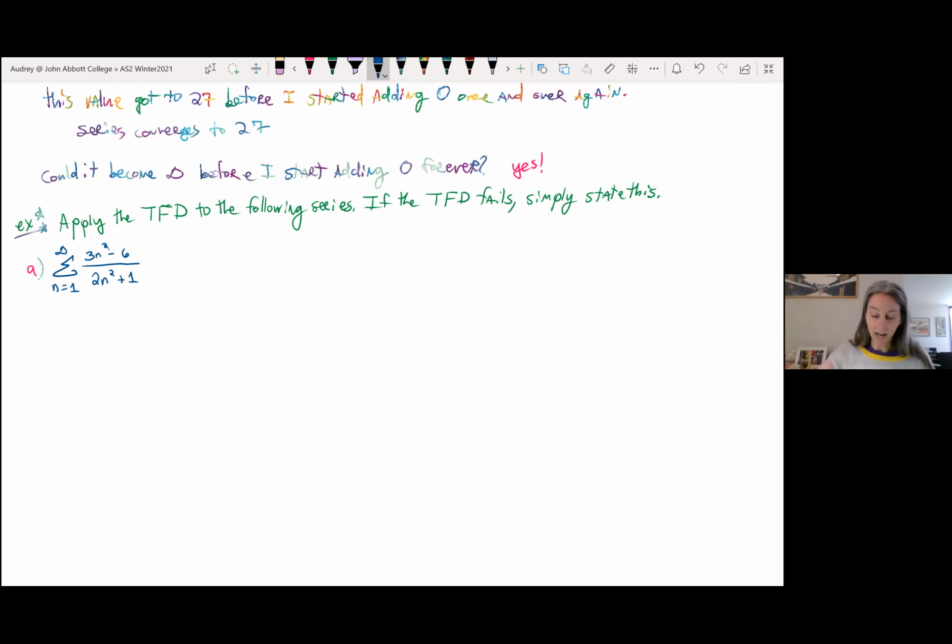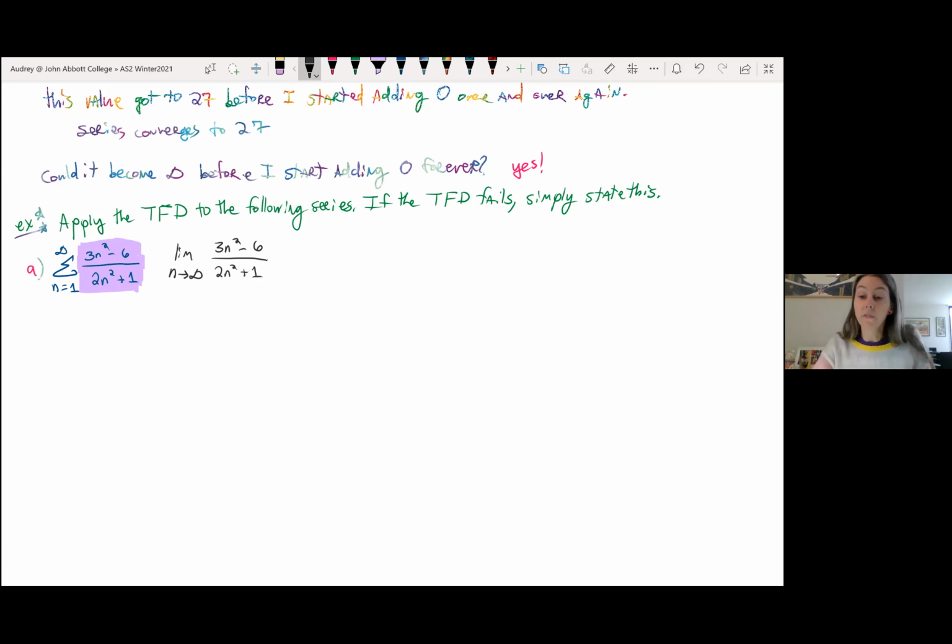Applying the test for divergence is the same thing as determining whether or not the associated sequence converges to zero. So I'm really just looking at the limit of that inside part. Here we will look at the limit as n approaches infinity of (3n squared minus 6) over (2n squared plus 1).